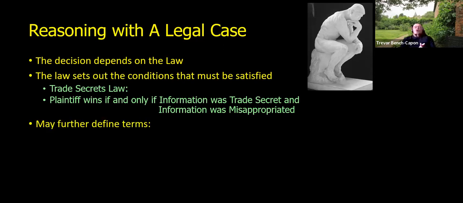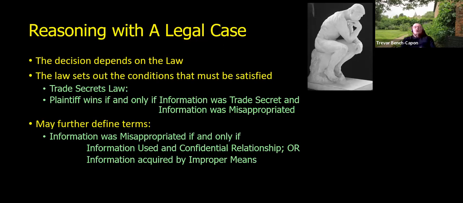Some of these terms can be further defined in a similar way. So information was misappropriated if and only if it was used and there was a confidential relationship, or the information was acquired by improper means.